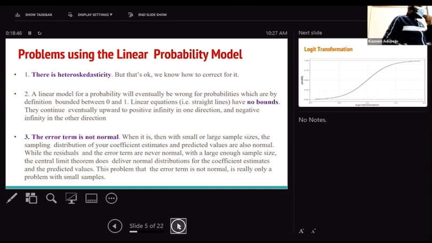Okay, now what are we going to do for our prediction not to go outside this range? Let me tell you this. We can solve the problem of heteroscedasticity when we do sampling distribution.